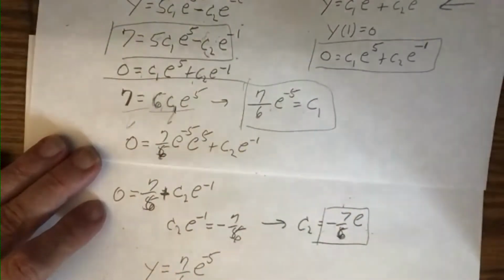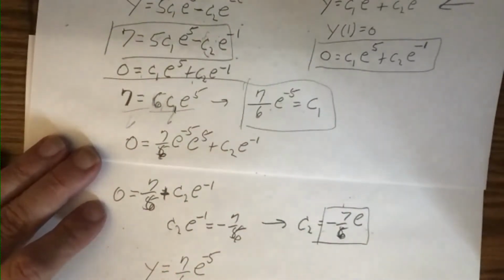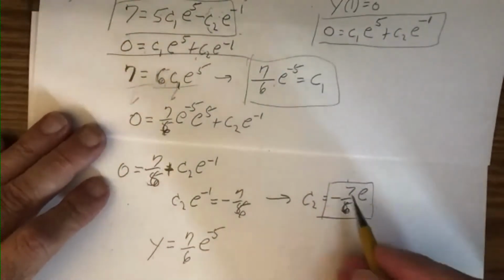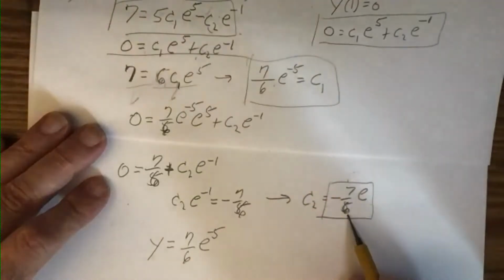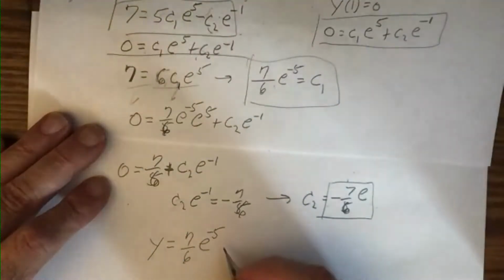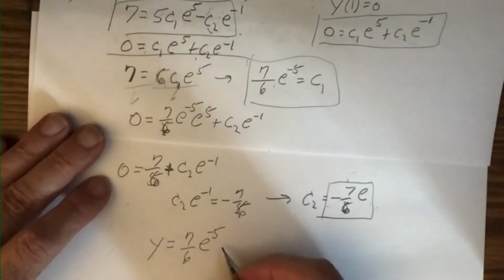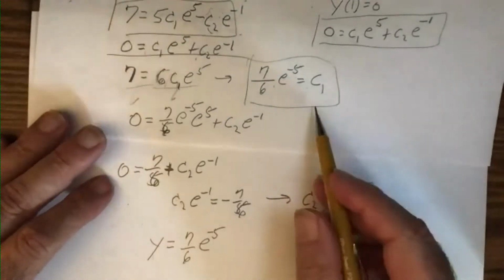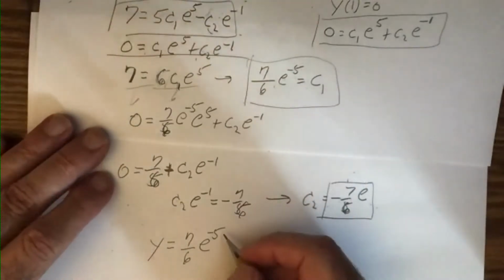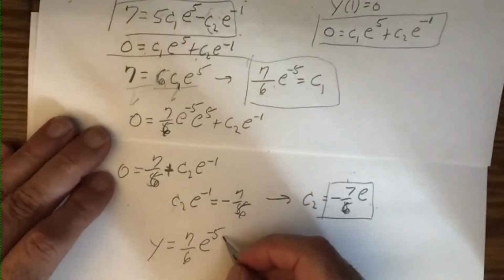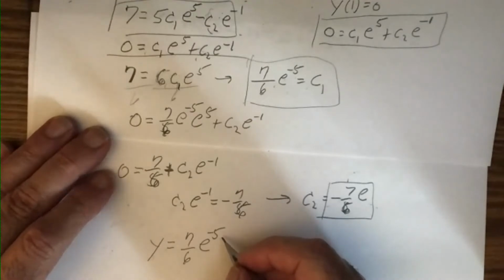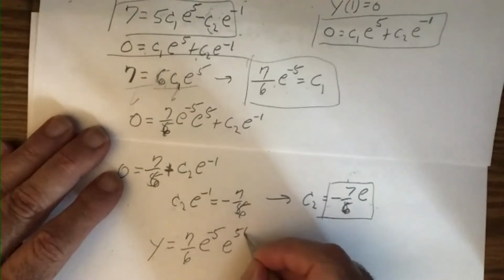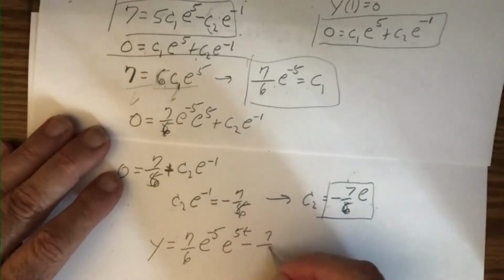Okay, so there are different ways of writing this. So here's my C1. Oh, I didn't finish writing this. So C1 is times e to the 5t minus 7/6.